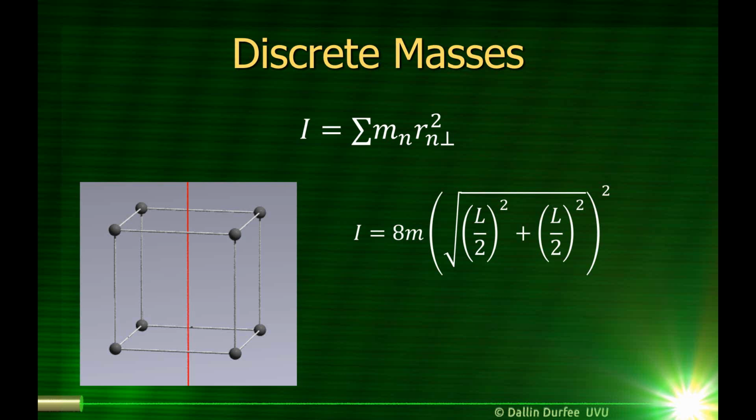To find the distance, there's a displacement in x and a displacement in y. If I call the length of the rods L, each of those displacements is L over 2. Then I use the Pythagorean theorem to find the magnitude of the displacement from the axis and then square that. When I simplify that, it turns out to be 4mL squared. So each mass contributes an amount 1/2 mL squared.